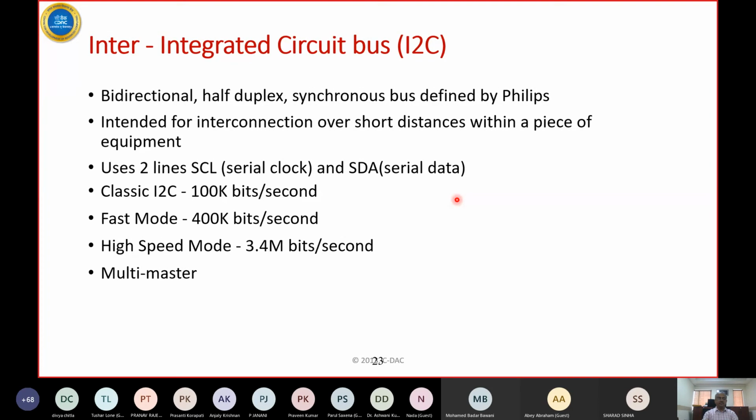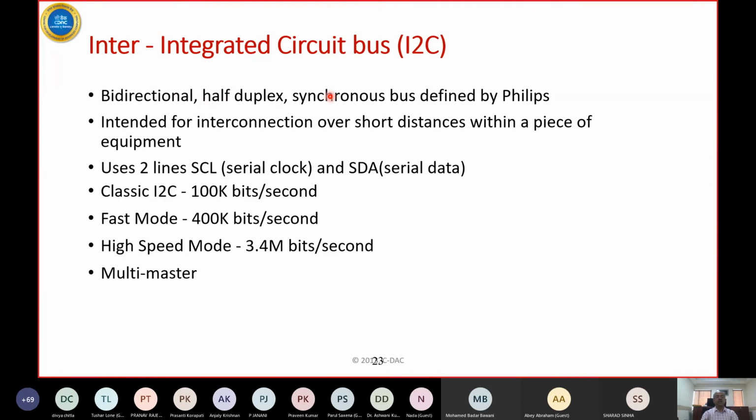Or a peripheral, two microcontrollers can also be connected using an inter-IC bus. So it is again bidirectional. The previous bus was full duplex because you had signals called TXD and RXD. But here it is bidirectional. Half duplex means either you can send or you can receive.